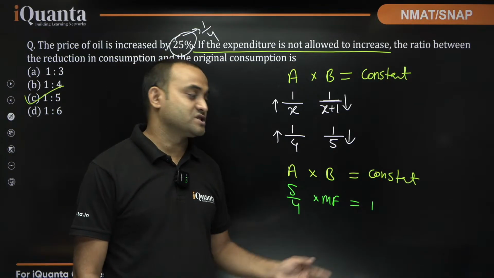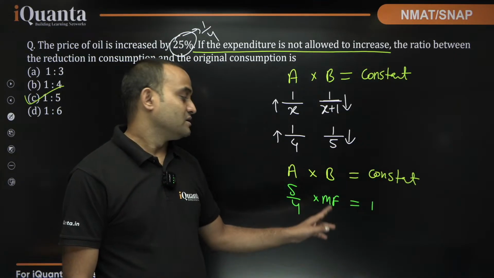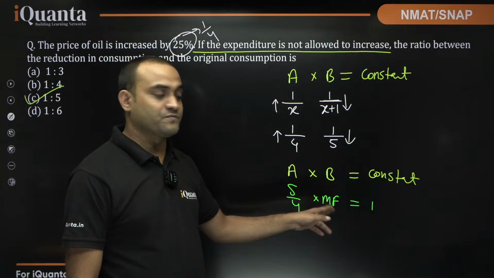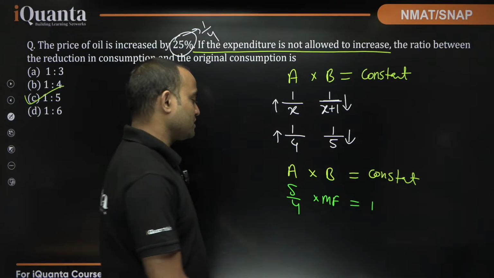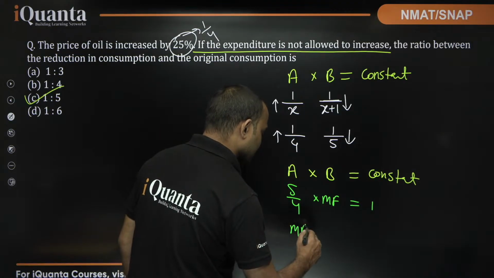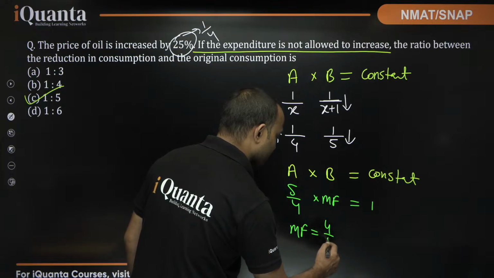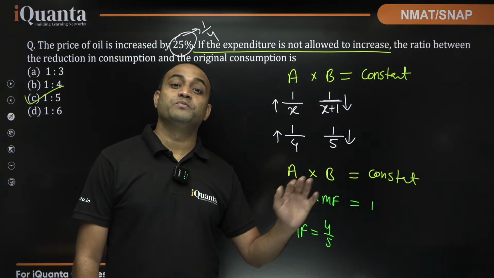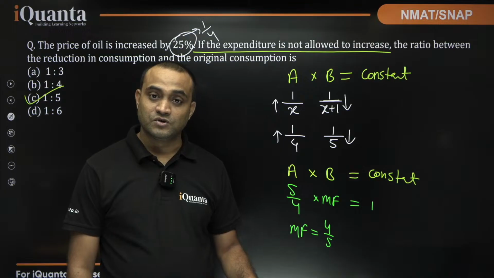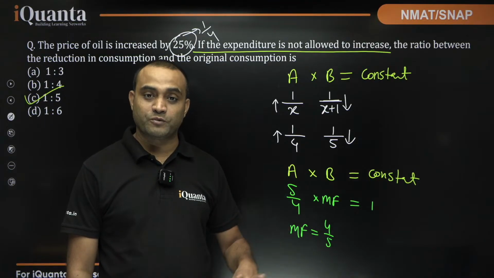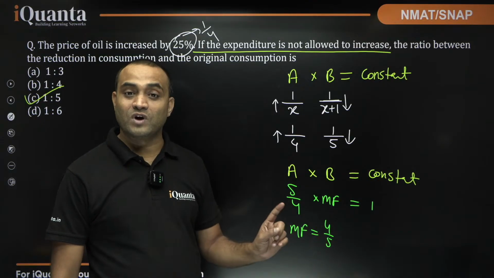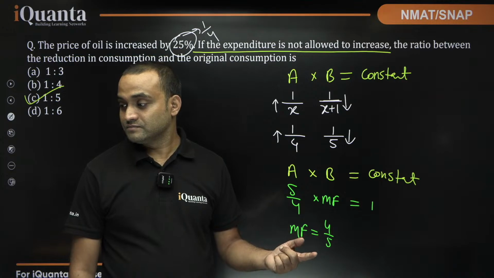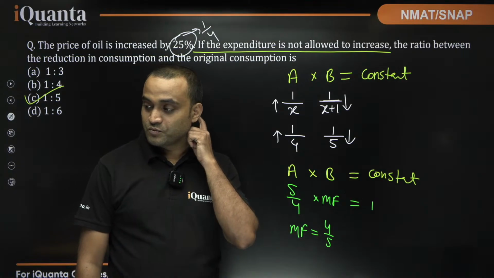So, what will be this multiplication factor so that the product is 1? The multiplication factor will be 4 by 5. So, the new value should be 4 by 5 of the previous value. So, the difference is 1 out of 5. Is that clear now, Rubal?